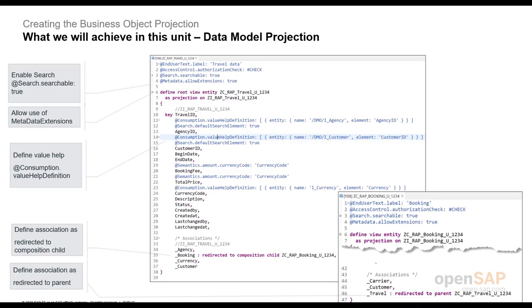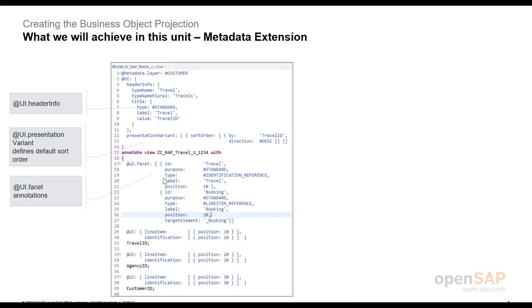As a recap, we have created a data model projection, we have added search annotations, we allowed the use of metadata extensions, we added value help annotations, and we specified that the booking association is a redirection to a composition child.